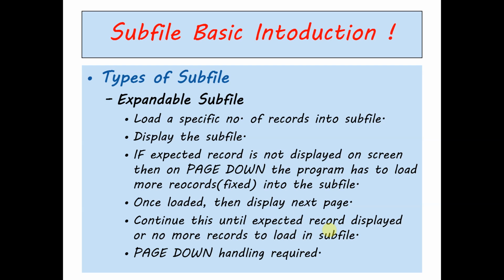In that case he will again press page down, and our process is intelligent enough to fetch another fixed set of 5 records, expanding the subfile, or loading a fixed number of additional records into the subfile. The subfile gets expanded by the fixed number of records each time the user presses page down. So in this case, we need to do the page down handling in our program.